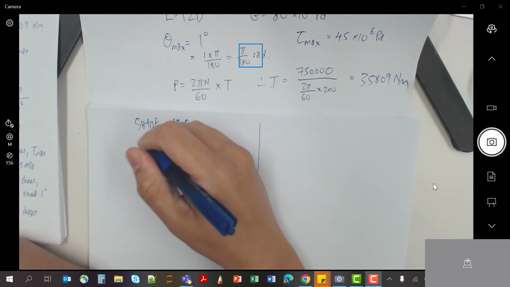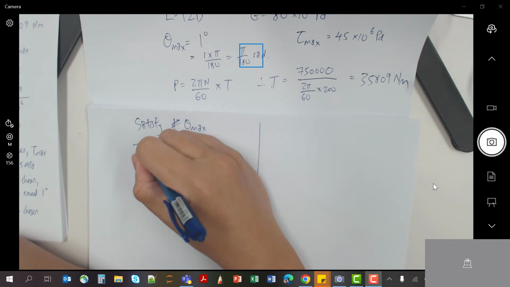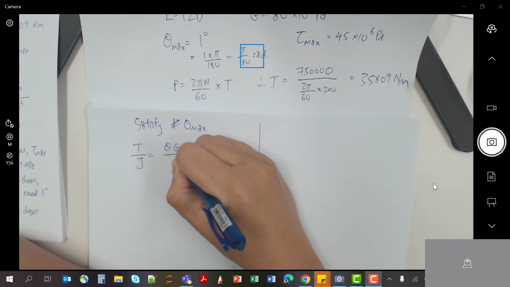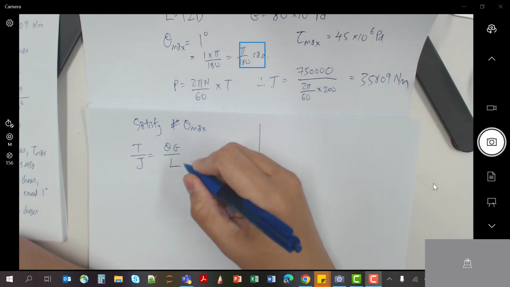I will use the equation with theta, and the equation is this one, theta equals TL over JG.